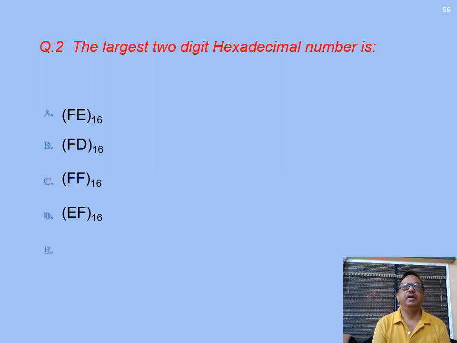Because we know that in the hexadecimal number system, the highest digit is F. It goes from 0 to 9, then capital A, capital B, capital C, capital D, capital E, capital F. F is the highest, the largest value. So in two digits, FF will be it, and obviously the answer of this question is C.